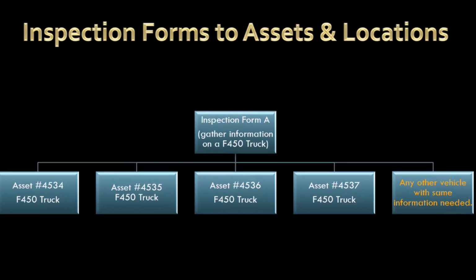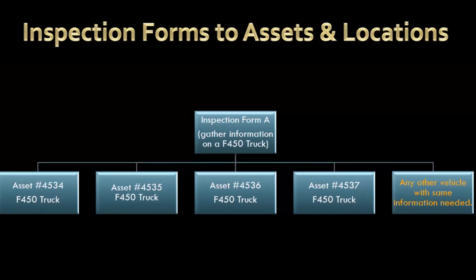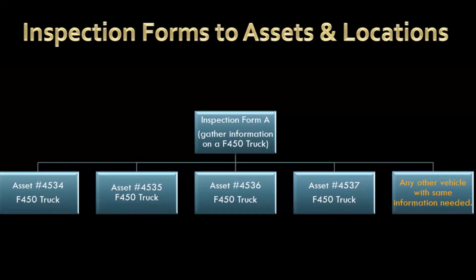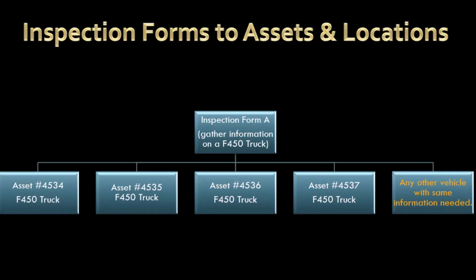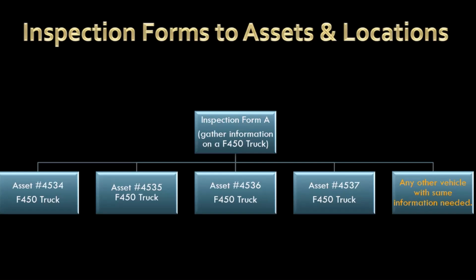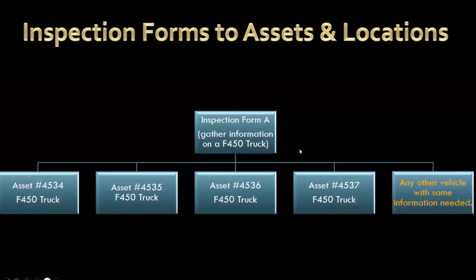So now in Maximo 9, and I believe this started at 8.8, that's where most of the inspection form enhancements came in, we can do multiple. We can choose a whole group of assets, literally up to 200, unless your organization has changed that limit of select all. And you can apply that single inspection form to a whole group of assets at one time. So that will also be part of my demo today.